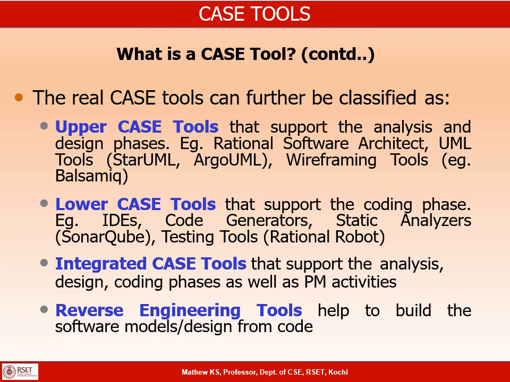Code review can be automated using static analyzers like SonarQube, which can be used for detecting the common errors in the program. Testing tools like Rational Robot, and many other testing tools, can be used for automating the testing activity, which will improve the productivity of testers or reduce the duration of testing.